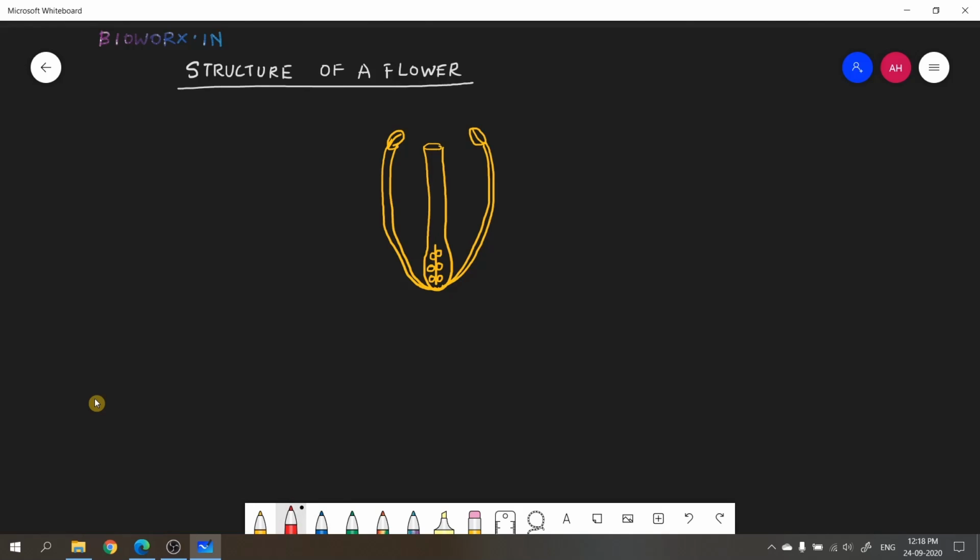But do remember that the diagrams you draw have to be neat, big enough, and clear enough so that the examiner who is checking your paper does not lose interest while checking it. So you need to be very, very sure of that.